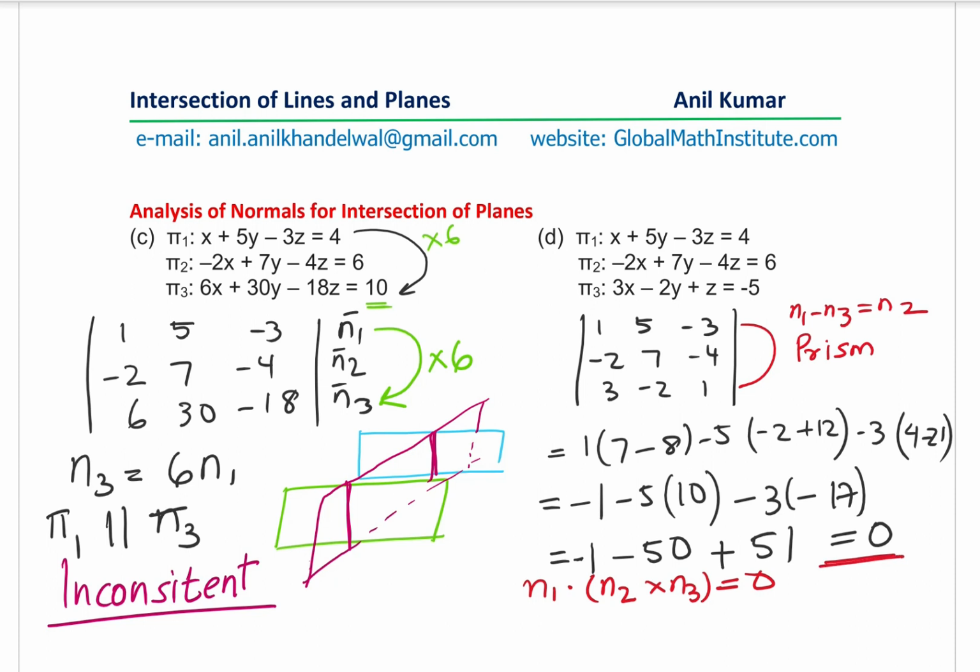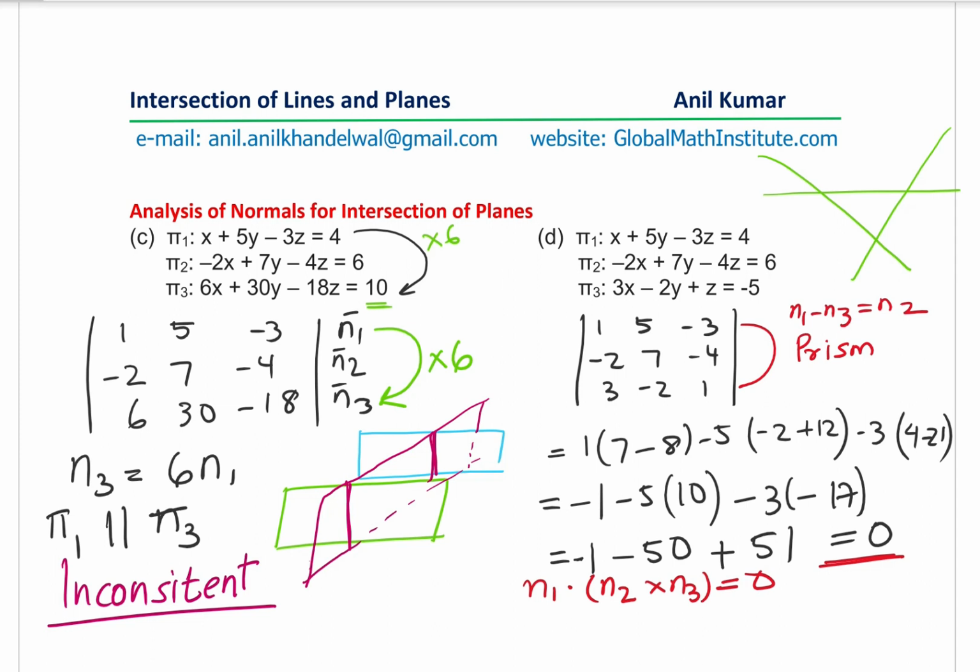So how will it look like? Let me show you that also geometrically. So in this case, what we see is that the prism, the intersection is kind of like this. You see this kind of a prism being formed by the intersection.